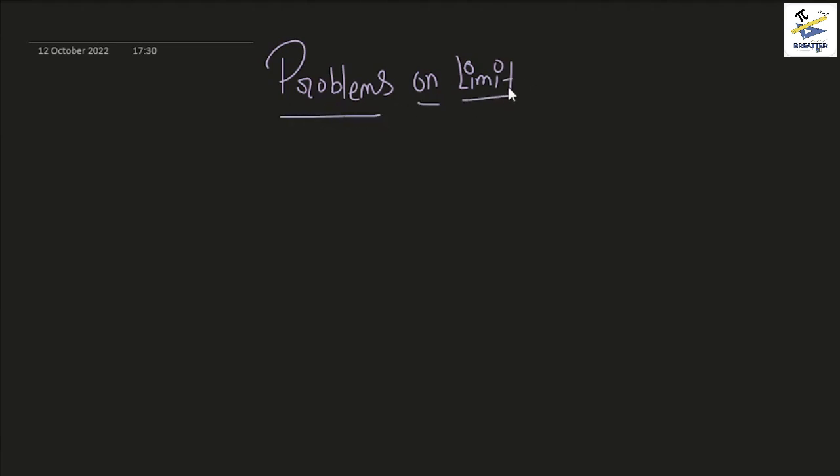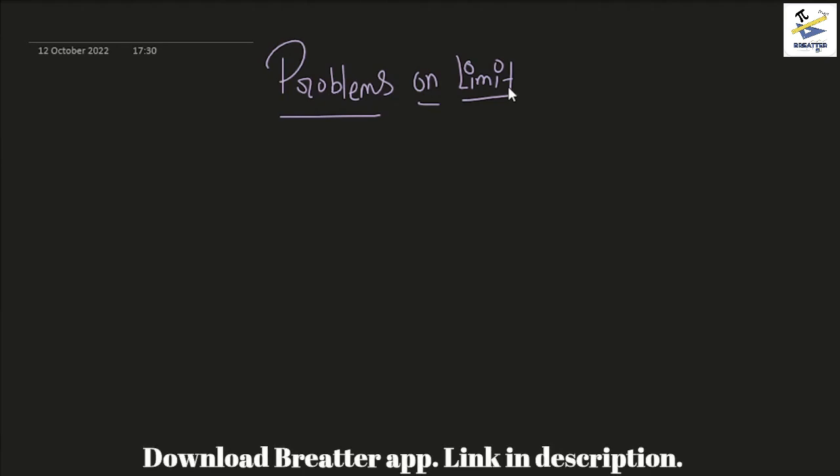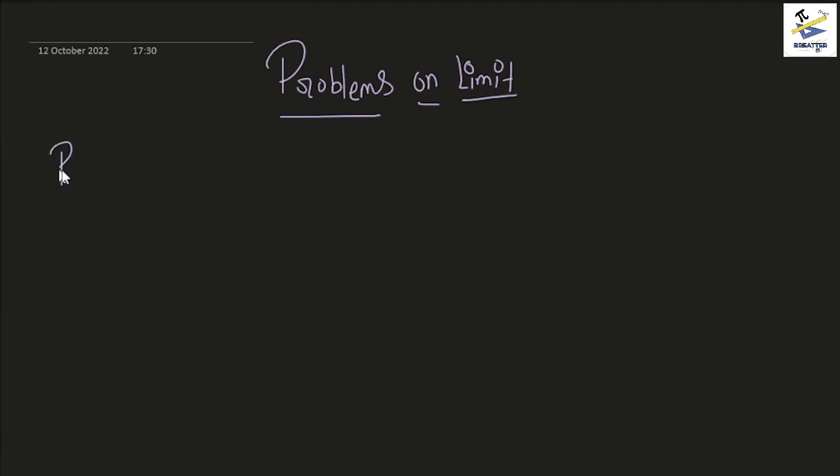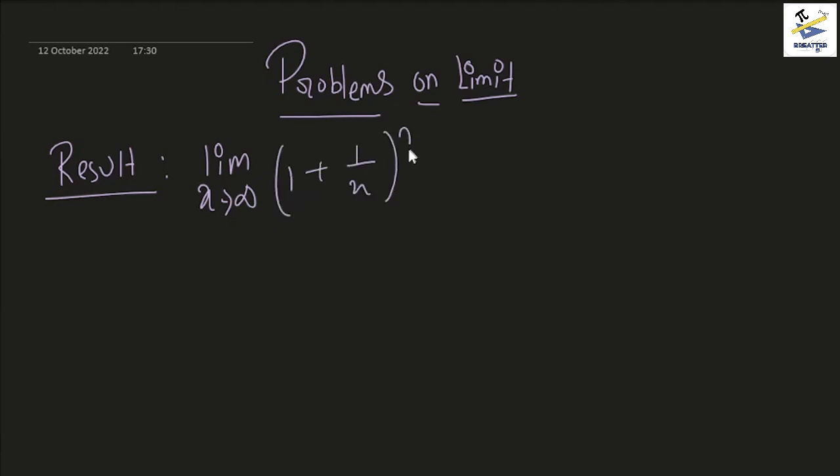So we are trying to find some problems, and before that we need a few results which we try to prove. The result that we need to prove for this section is this: the limit as x tends to infinity of (1 plus 1 by x) to the power x is equal to e.